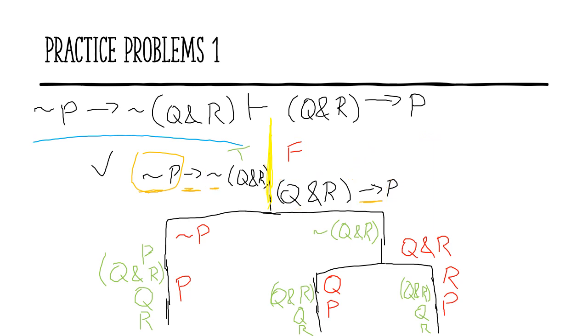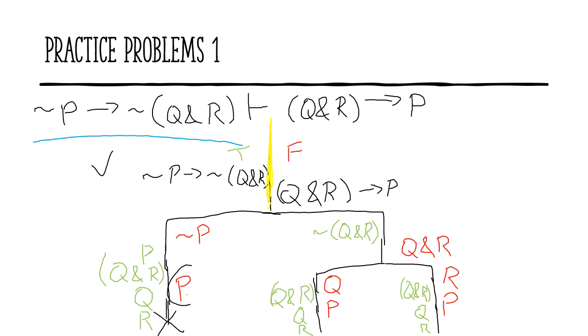Try to clean this up just a little bit. There we go. And let's start at the bottom of one of the branches and move up. So I see an R on the left side. I see a Q on the left side. I see a P on the right side. I see a P on the left side. Right there is my contradiction.